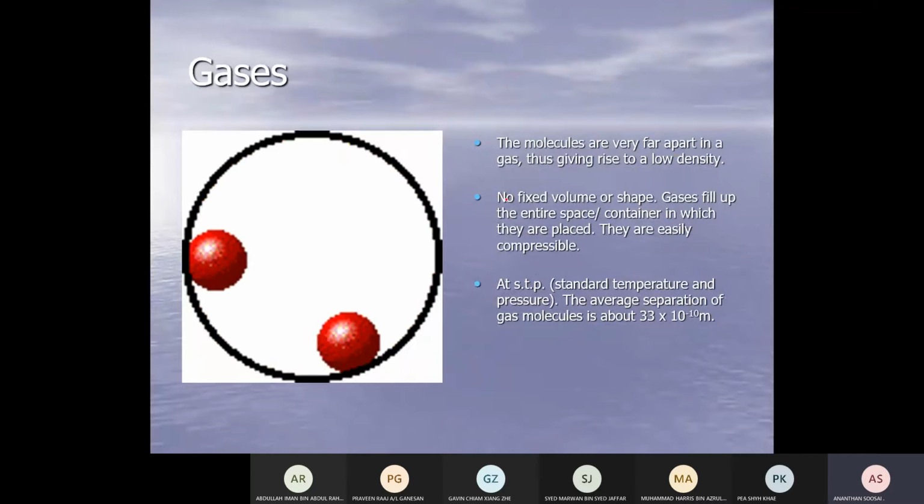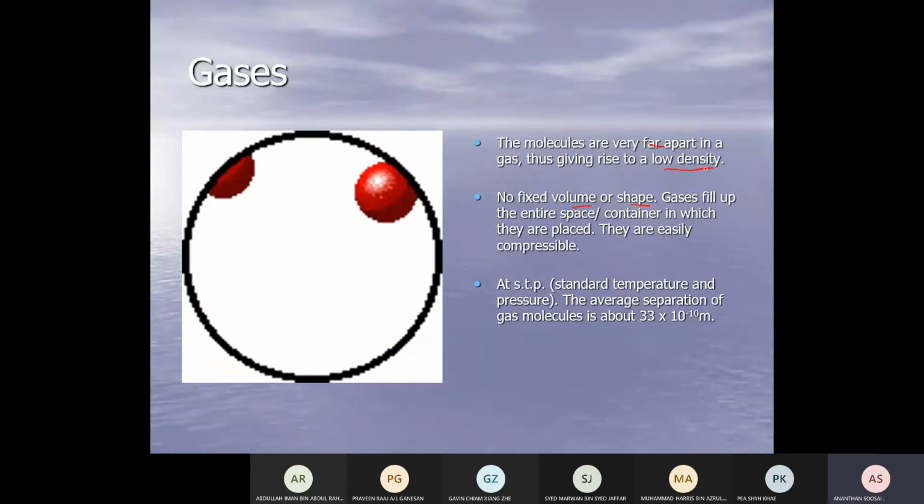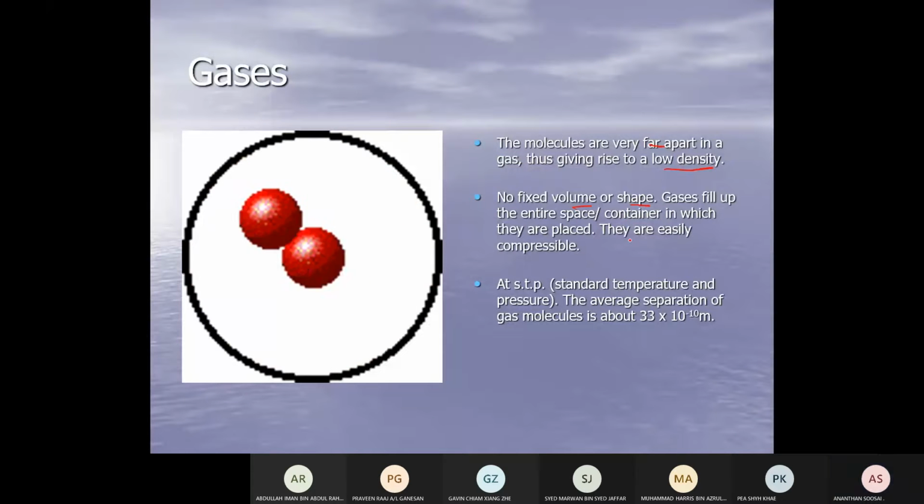Then finally, gas. Gas is totally different from solid and liquid. No fixed volume, no fixed shape. The molecules are very far apart. Very low density. Gas fills up the entire space. They are easily compressible. All are opposite to liquid and solid.